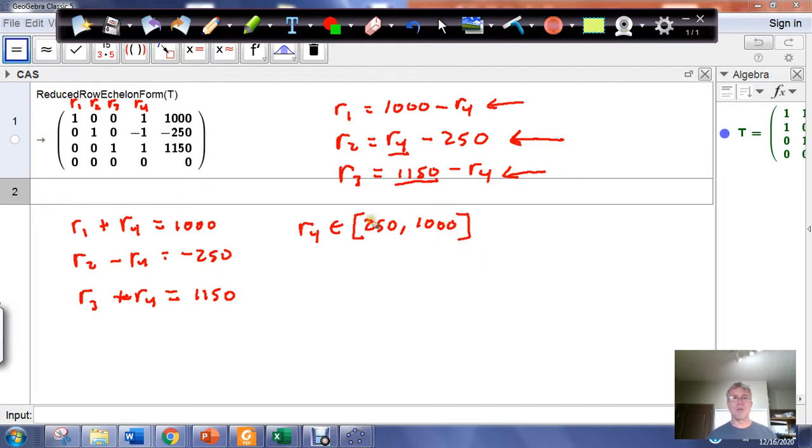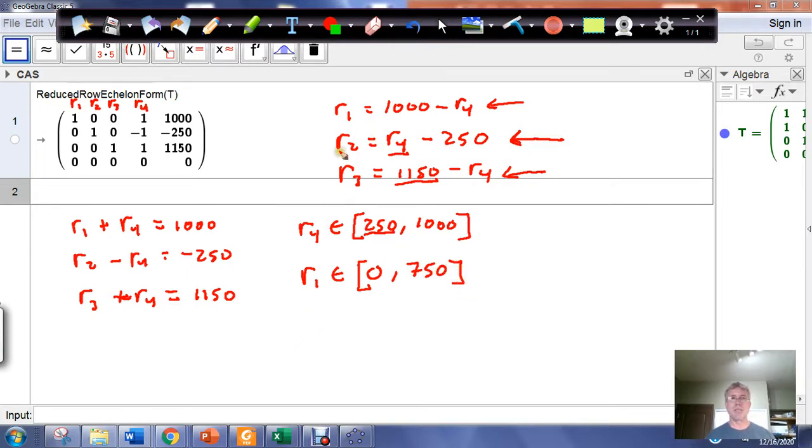And once we know what road 4 can do, we can identify what's possible on the other roads. Road 1. What are the outputs that are allowed for road 1 for vehicle flow? Well, if the flow rate on road 4 is at its maximum of 1,000, we get 1,000 minus 1,000 is 0. We get no cars traveling along road 1. And if the flow rate on road 4 is the lowest it can be, the 250, then we get 1,000 minus 250, which is 750, is going to be the largest flow rate we get on road 1.